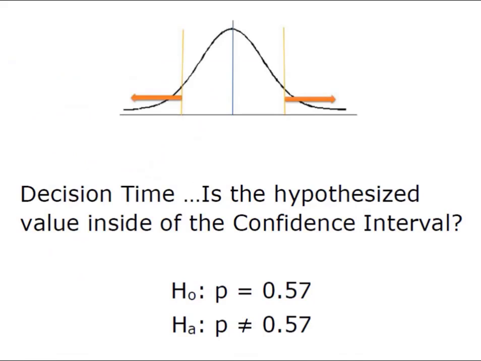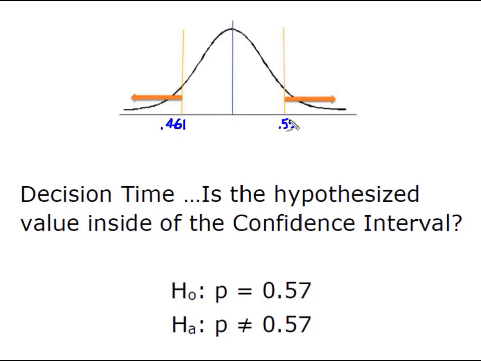So in this two-sided confidence interval, Minitab calculated our lower limit to be 0.461, and it calculated the upper bound of the confidence interval to be 0.559.